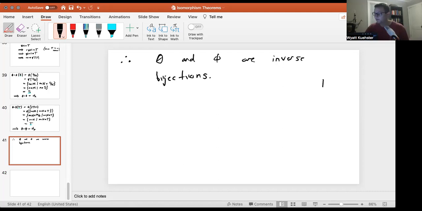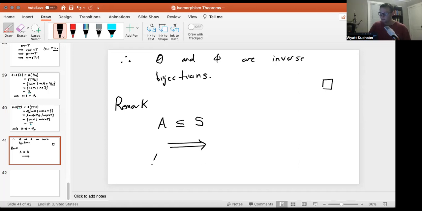So we've proven the theorem. And then I'll remark just one last thing. This bijection preserves inclusions. If I have that A is contained within S, then the submodule A mod N is contained in the submodule S mod N. And this is more or less obvious.